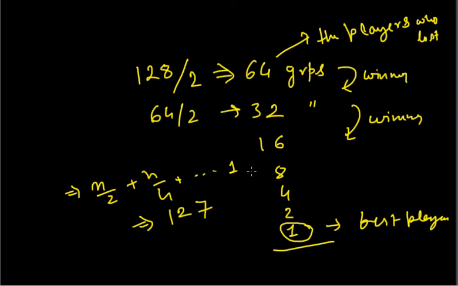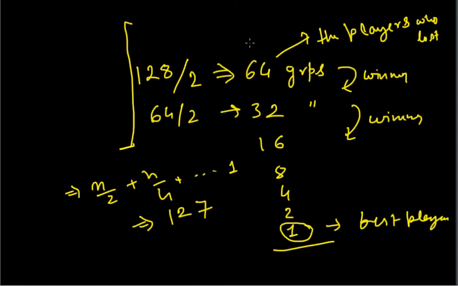Now what about the second best player? Transitivity is the key note here. Let's see how I can do that. How many matches did the winner have to play?